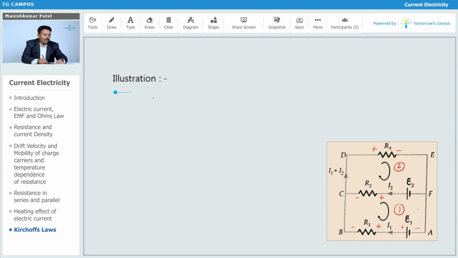Consider this loop A, B, C, F, A. That gives E1 minus I1 R1, then plus I2 R2 minus E2 is equal to 0. This is your first equation.